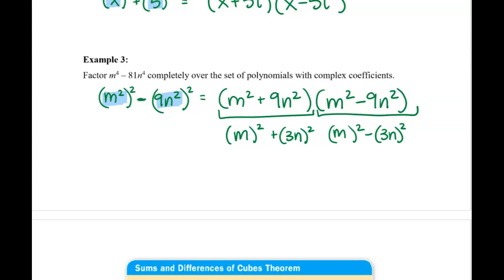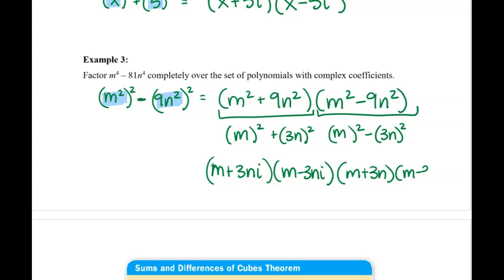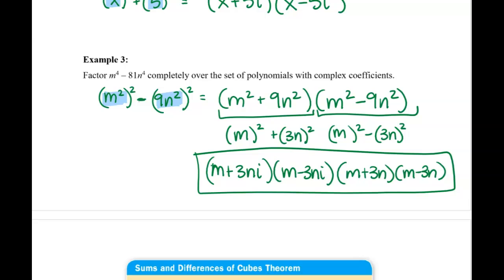So then we can use our rule: when it's plus, it's m plus 3ni times m minus 3ni. We tack an i on the second term if it's plus, and then times m plus 3n times m minus 3n. So there's our fully factored answer.